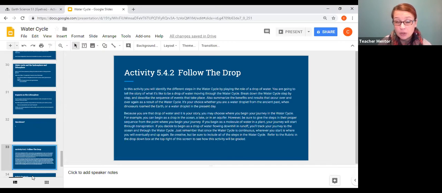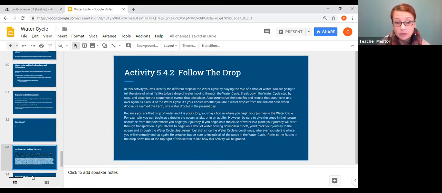So here's your creativity, your starting point. Because you are a drop of water and it's your story, you may choose where you begin your journey in the water cycle. For example, you can begin as a drop in the ocean, a lake, or in an aquifer. However, be sure to give the steps in their proper sequence from that point where you begin your journey. If you begin as a molecule of water in a plant, your journey will start through transpiration.